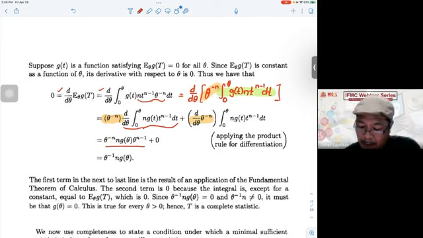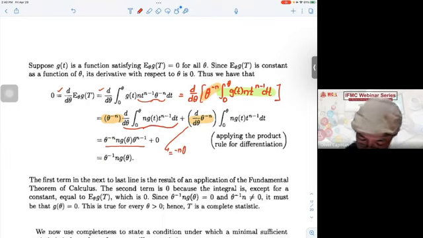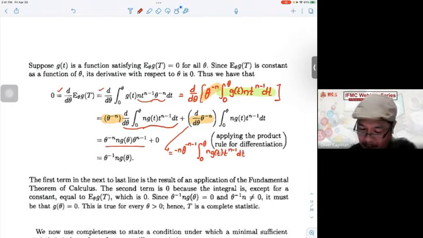If you take the derivative of theta to the negative n with respect to theta, that would be negative n theta to the negative n minus 1. And then you still copy the integral of g of t times t to the n minus 1 dt.